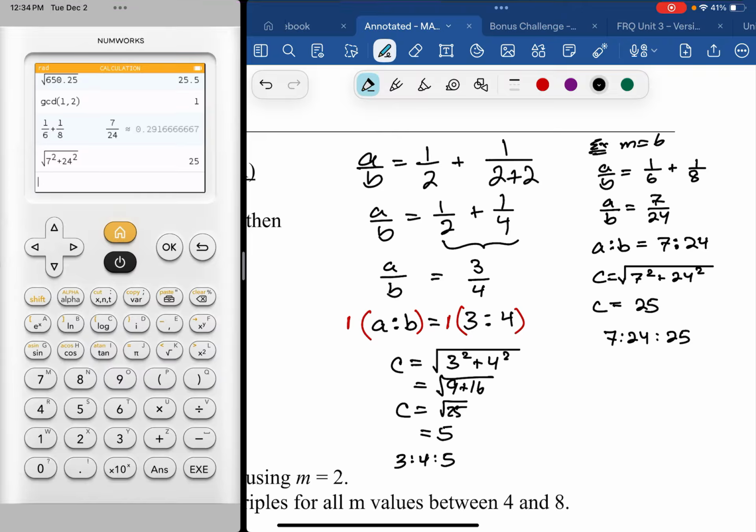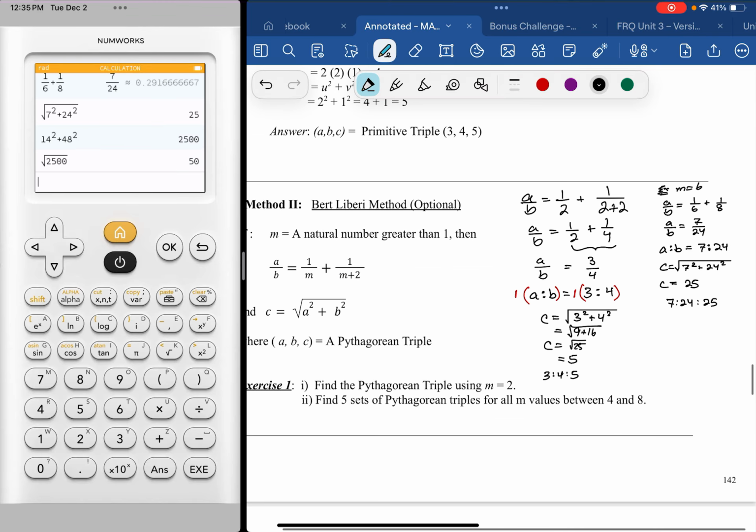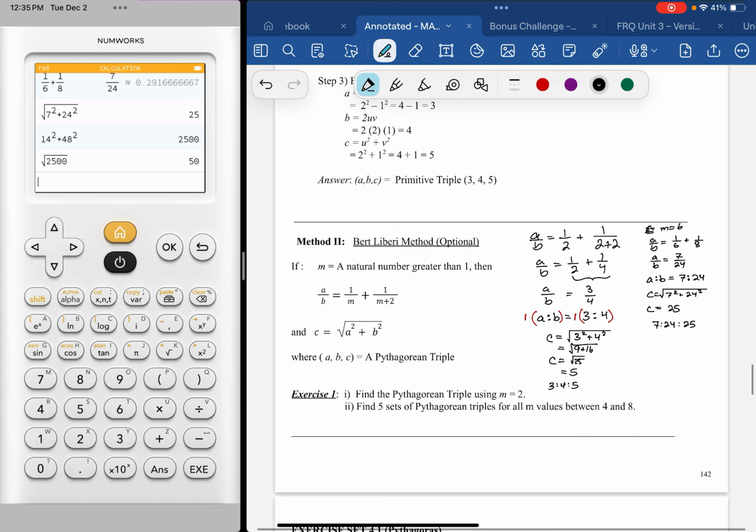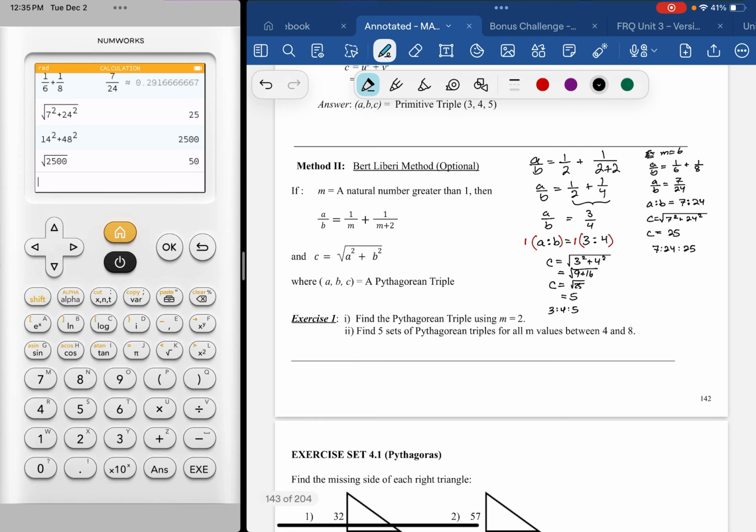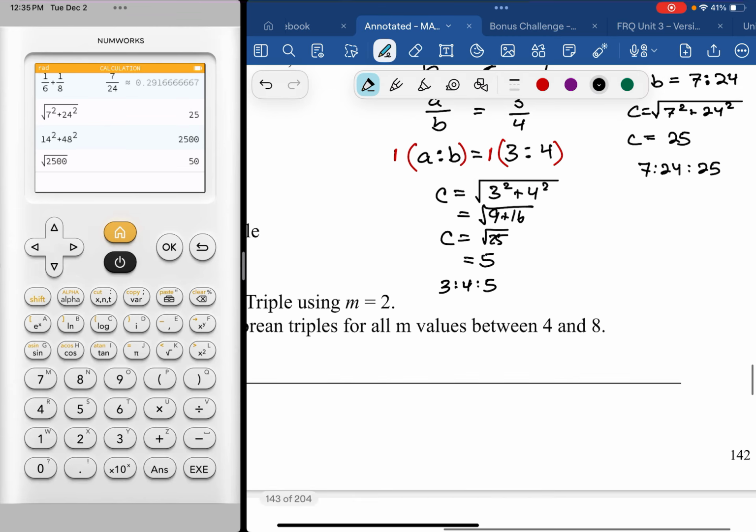So any multiple of that. If I did 14, 48, and 50, 14 squared plus 48 squared, the square root of 2500 would be 50. That's just a quick example, but I wanted to give you something here, because it'd be a fairly lengthy video if I were to do all of the values between 4 and 8. It does say to find 5 sets of Pythagorean triples.